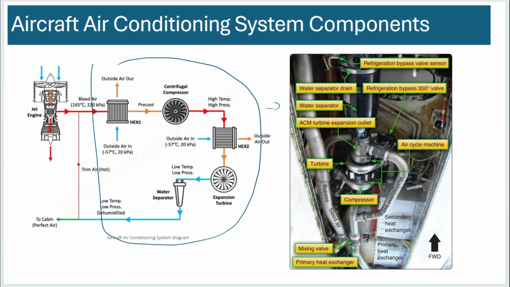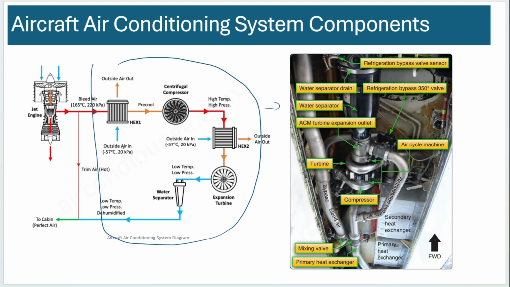After the compression stage, you take a little bit of bleed air or bypass air and take it to the first heat exchanger. So the bypass air that is coming in at 165 degrees C and very high pressure first goes through this primary heat exchanger. It's pre-cooled.